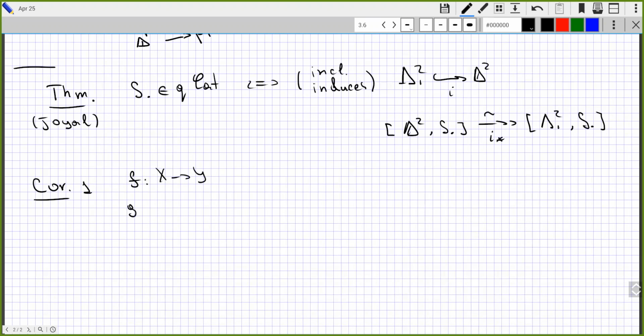Let's see, we've got such morphisms in our category, and what do we have here? If we have two composable morphisms, then we could write such a fiber product.